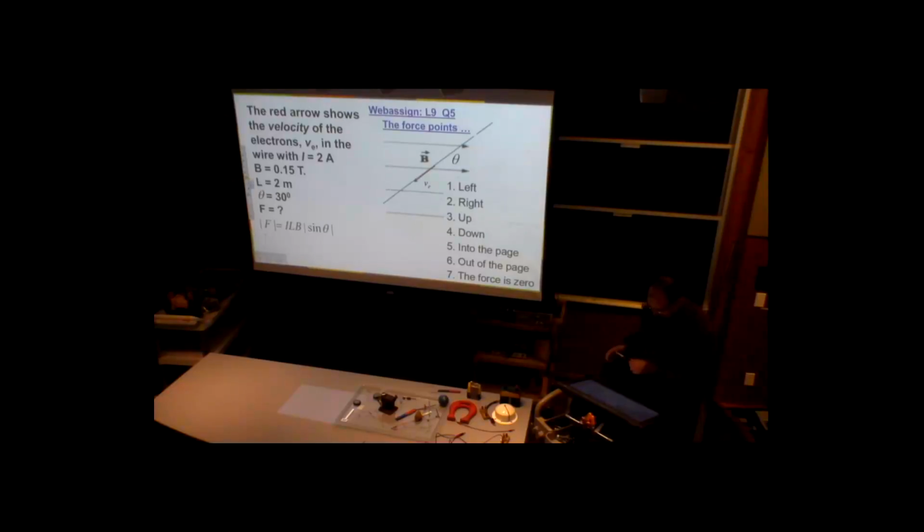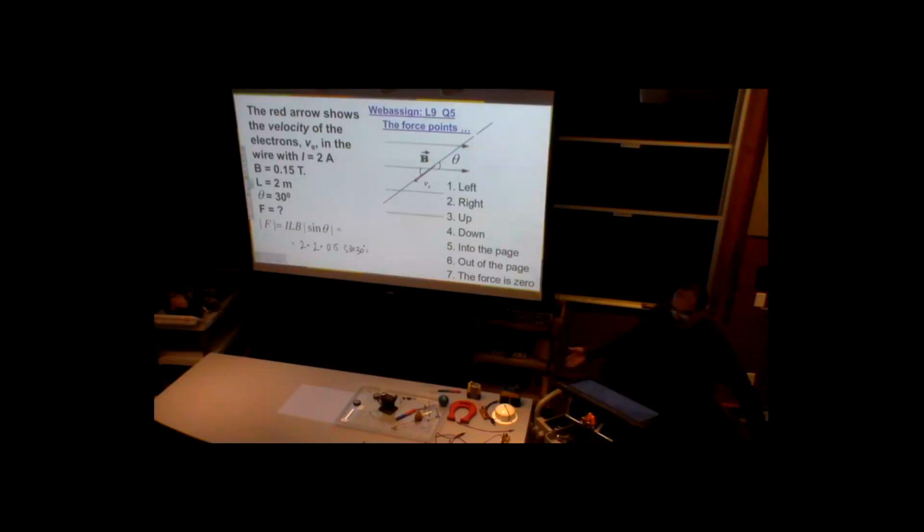So you do the question, I'm going to do the magnitude because it's easier, right? We just need to plug the numbers in. It is equal to 2 times 2 times 0.15 times the sine of 30 degrees. The angle between magnetic field and the wire, there is a rule which you know.